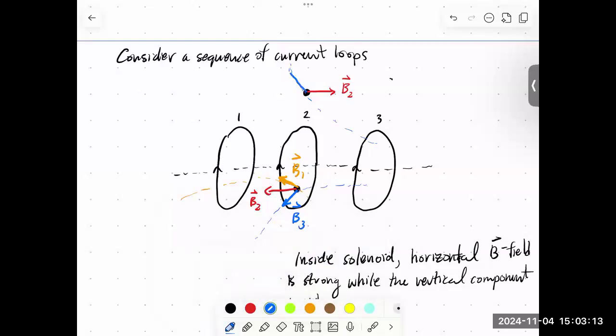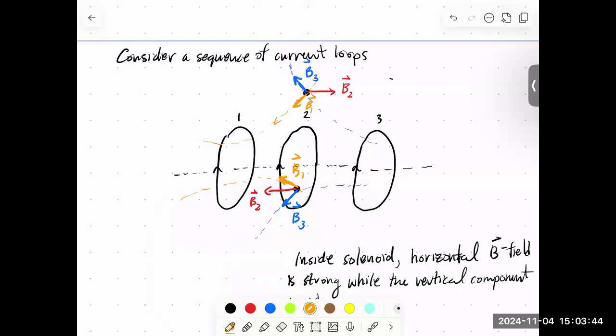If we were to pick the B3 contribution, what's it going to be doing? It's going to make a field that's kind of looping around something like this. And so B3, it's like so. Again, I tried to make B3 a little shorter than B2. Maybe I made it a bit too big there. There's B3. All right. And then what is B1 doing? It's making a magnetic field that's kind of along this direction. And so B1 is something like this.